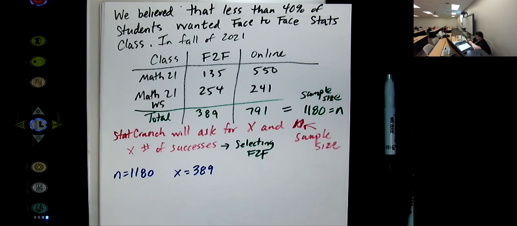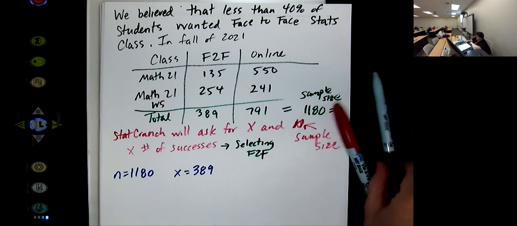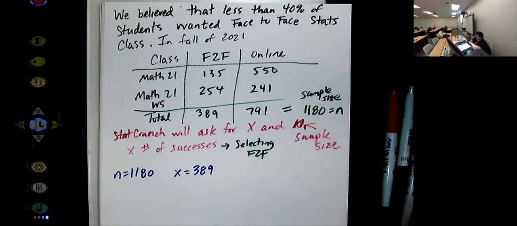So what is H naught here and what is HA? I think it's almost easy to figure out what HA is first.